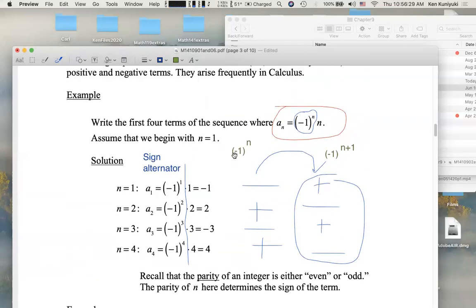For these guys here, (-1)^n, what else would work? Instead of n, we could have n plus 2, n plus 4, n plus 6, n plus 8, or n minus 2, n minus 4, n minus 6. If you take an exponent and add or subtract any integer number of times, then you'll have the same parity. And the parity of the exponent on the -1 will tell you what sign pattern you get.